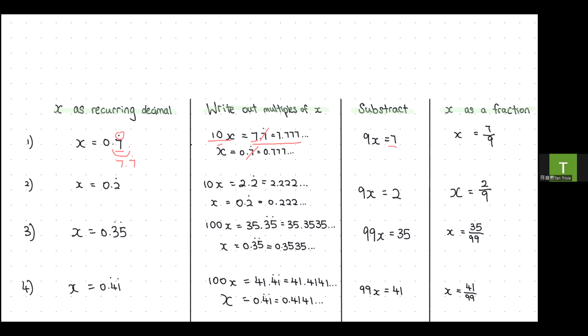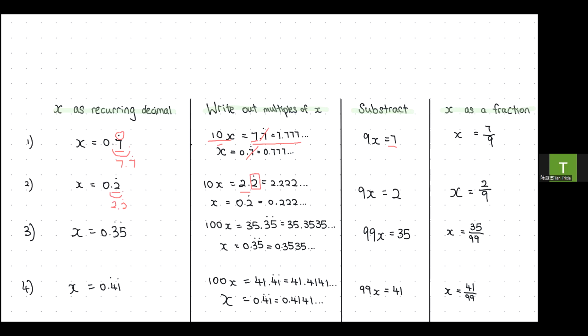Now question 2, x equals 0.2 with a dot above. It has one decimal place, so move one step backwards, equals 2.2 recurring decimal. Then you need to subtract to get a number which also has a 2 recurring decimal.